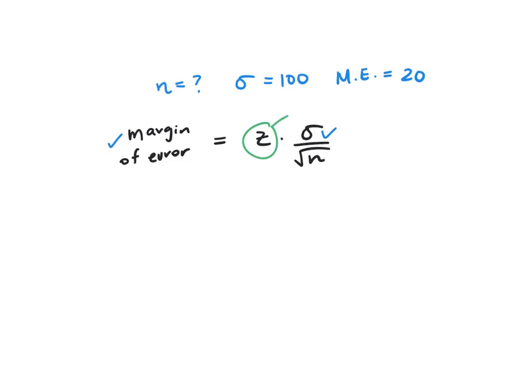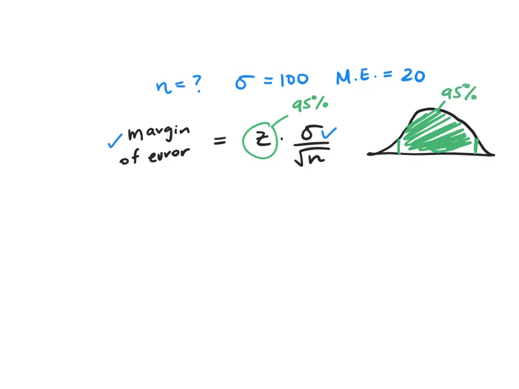Well, remember they said that we want to construct a 95% confidence interval. So if I'm thinking about a normal model, and I'm thinking about 95%, then this is 95%, right? How much is on the tails here?